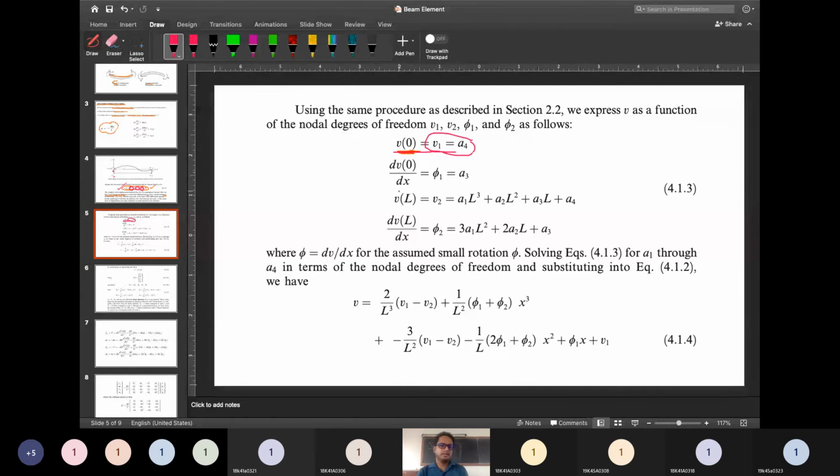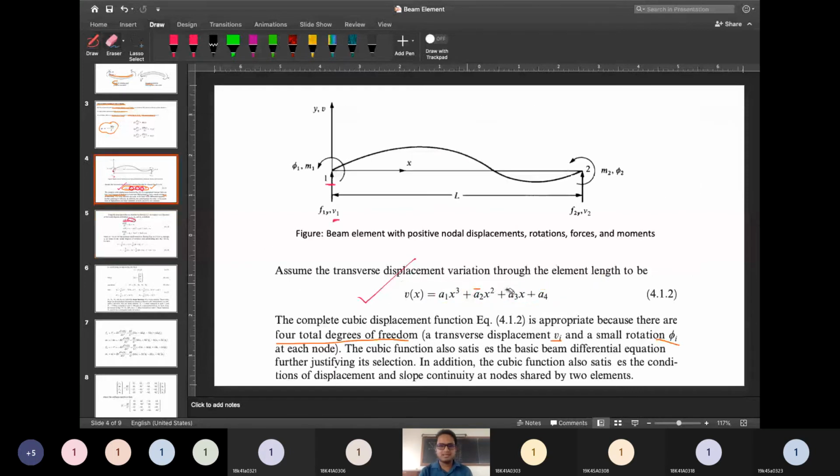Now, you can calculate dV by dx. The function with respect to x is given to you on your screen. You can easily calculate its differential, that is dV by dx. Okay, so what will be its differential? 3A1 x square plus 2A2 x plus A3.